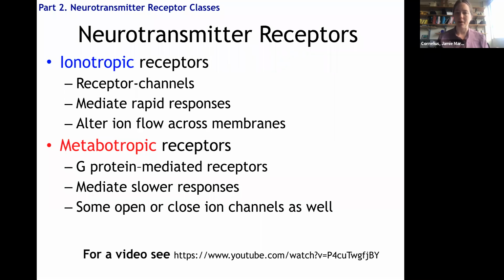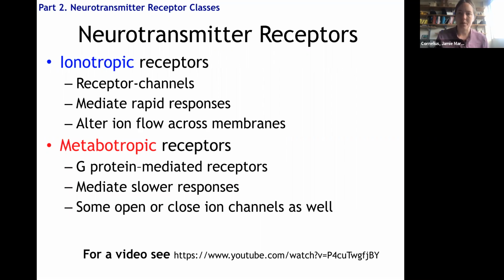This type of receptor, when it binds its neurotransmitter, causes a channel to open, and you get the movement of an ion. These receptors mediate really fast responses and cause changes in the postsynaptic membrane potential. They can be either excitatory, causing a depolarization in a graded potential, or inhibitory and cause a hyperpolarization.